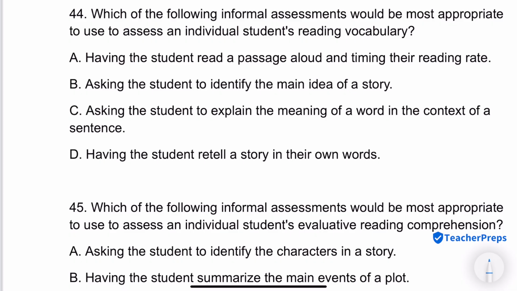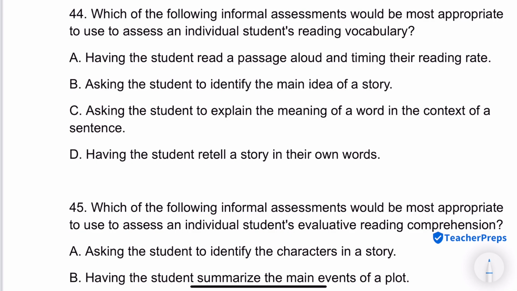Remember that in order to assess vocabulary, you need to see if the student knows what words mean. That's what knowing vocabulary is all about. And the best way to do that is to ask them directly, especially how a word's meaning is used in a specific sentence.